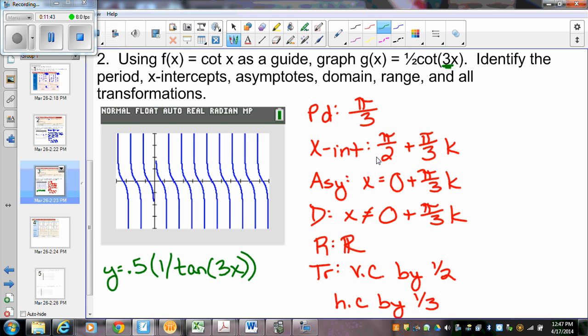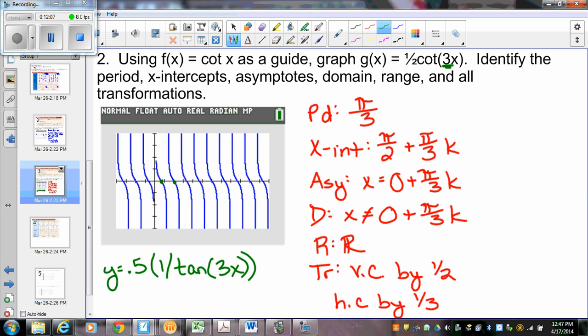Now, I told you with the x-intercepts to write down the first place that you could see past 0 where you had an x-intercept. On this one, though, you might have had a hard time determining exactly where this first place is. So if you have a difficult time with that one, maybe keep moving until you can finally find an exact place, because hopefully you will, that it crosses the x-axis.